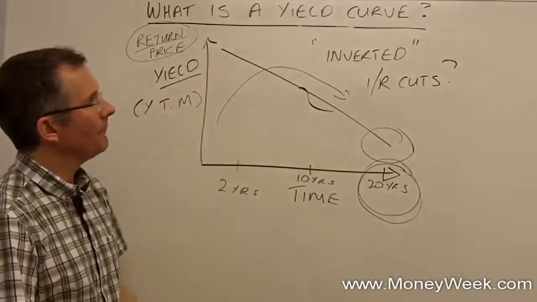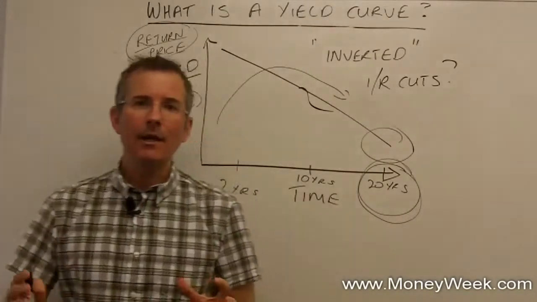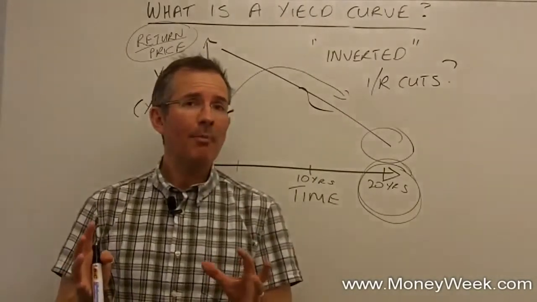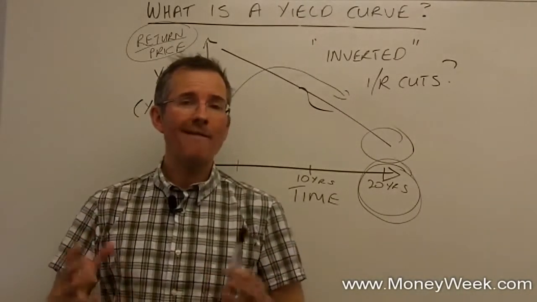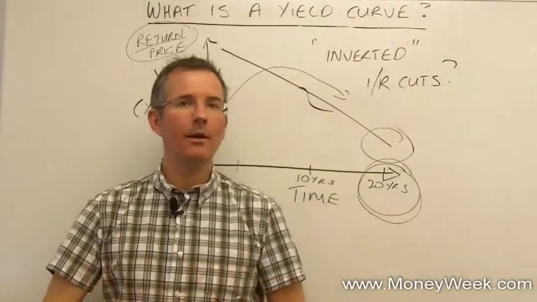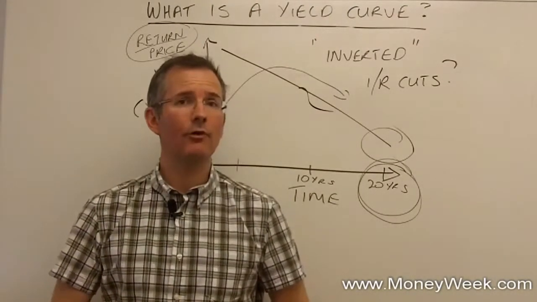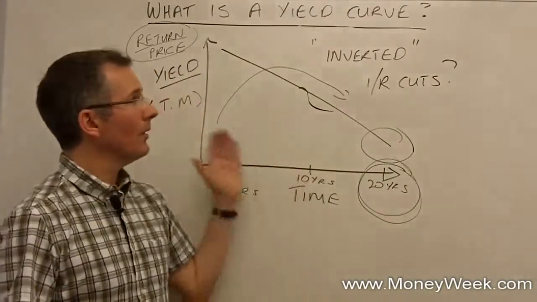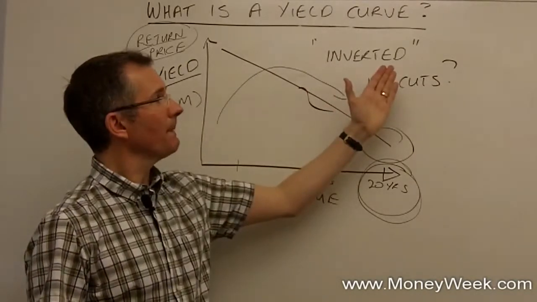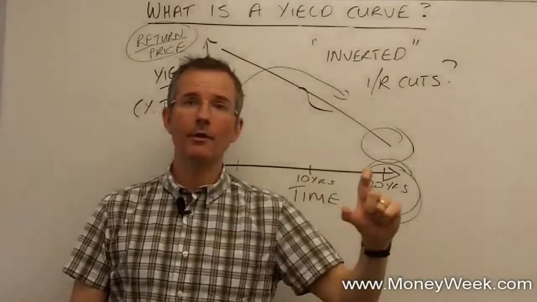So, in a nutshell, yield curves, very common piece of jargon. Essentially, it gives you a snapshot picture of what investors expect over time and the kind of yields they're demanding on, let's say, government bonds, although it can be constructed for other bonds such as corporate bonds. Normal is upward sloping, and that simply reflects the fact that over time you tend to ask for a higher return.